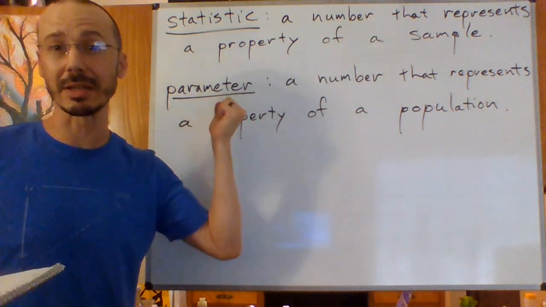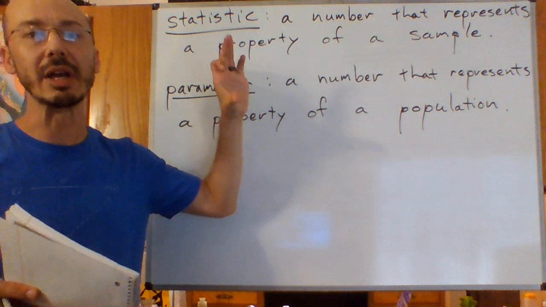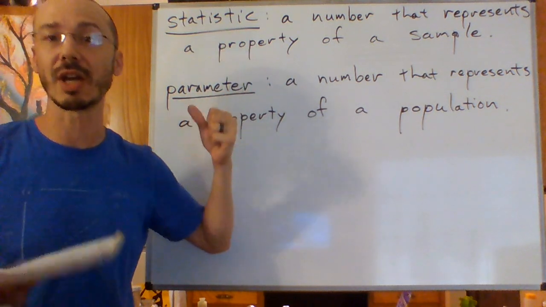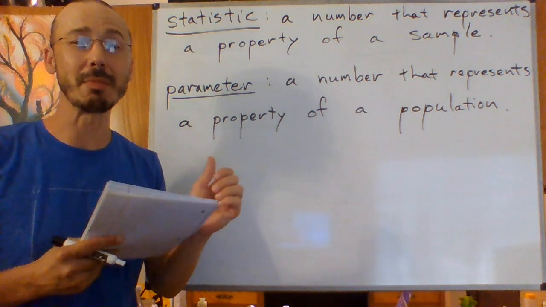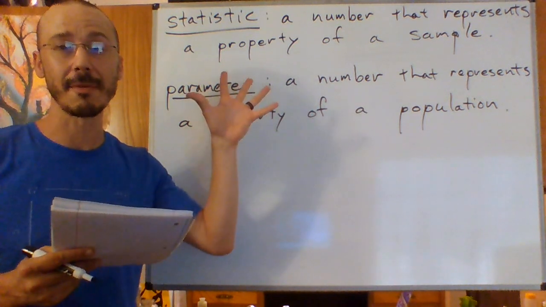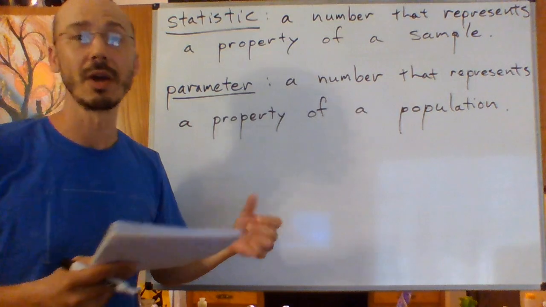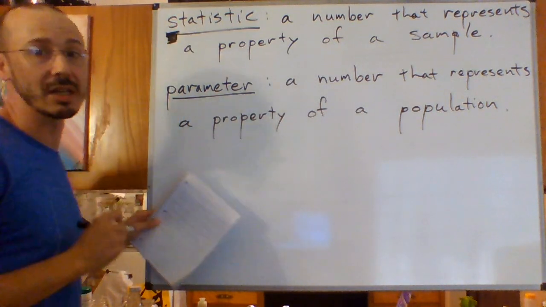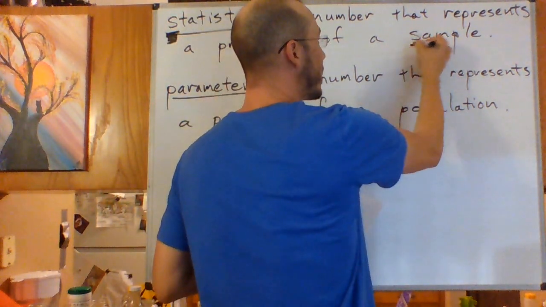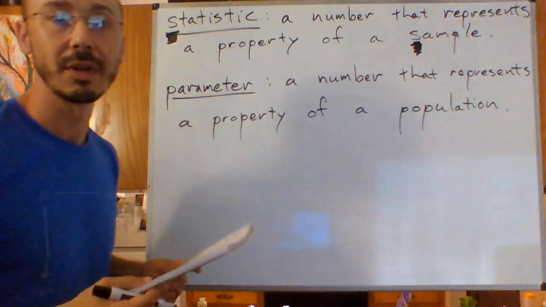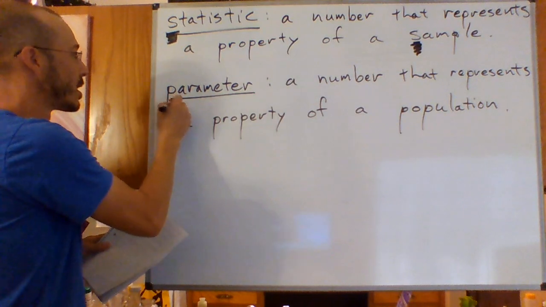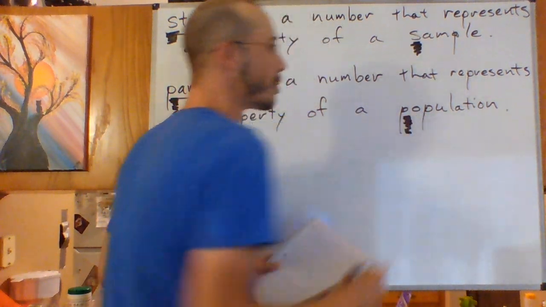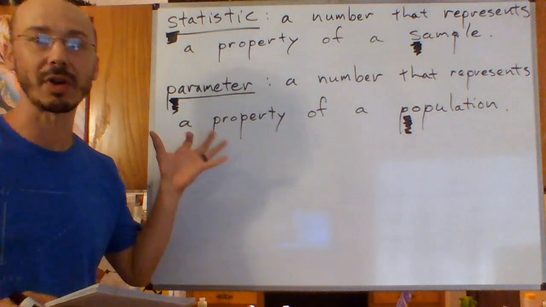They're not different usually, but what makes, I guess this is just kind of a lucky chance that this occurred, although it might be just because these words are like this, that they are in common use. But the letter S at the beginning of statistic and at the beginning of sample, and the letter P at the beginning of parameter and P at the beginning of population, those are just marks for emphasis.